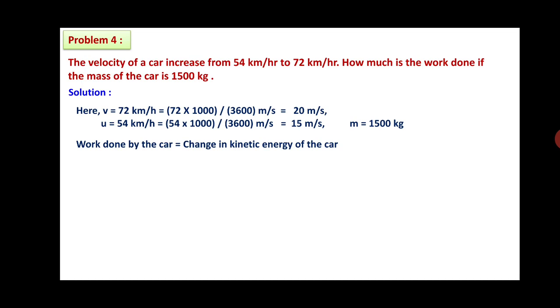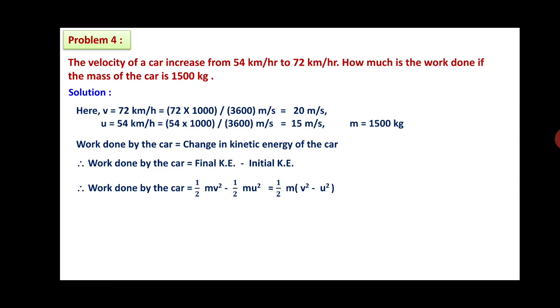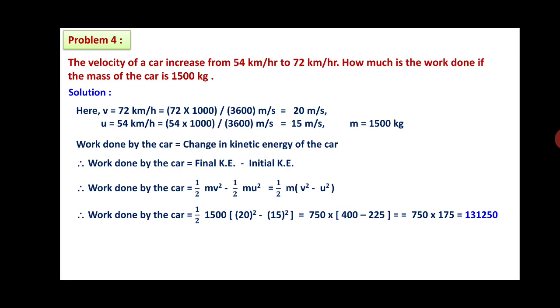Work done by the car is nothing but change in kinetic energy of the car. Therefore, work done by the car is nothing but final kinetic energy minus initial kinetic energy. Therefore, work done by the car is equal to half into m v square, v is the final velocity, minus half into m u square, u is the initial velocity. So here 1 by 2 into m is common. So into bracket there remains v square minus u square. Now let's substitute the values.